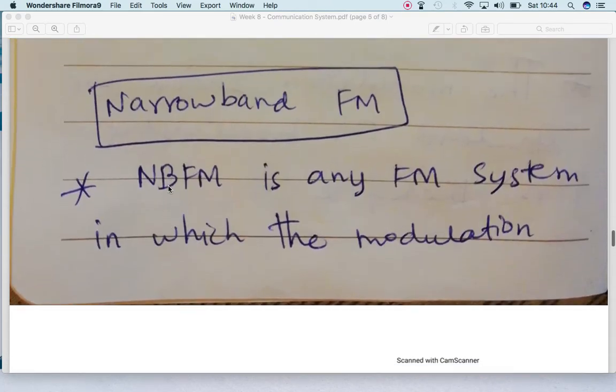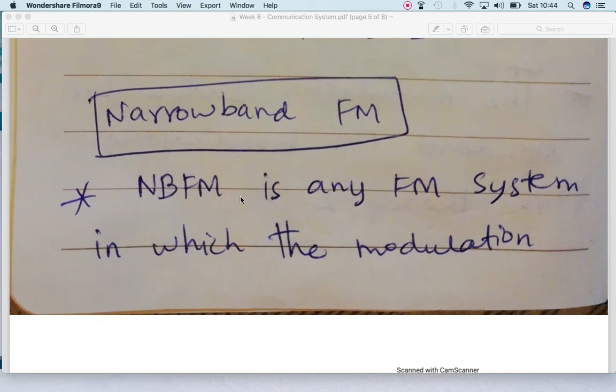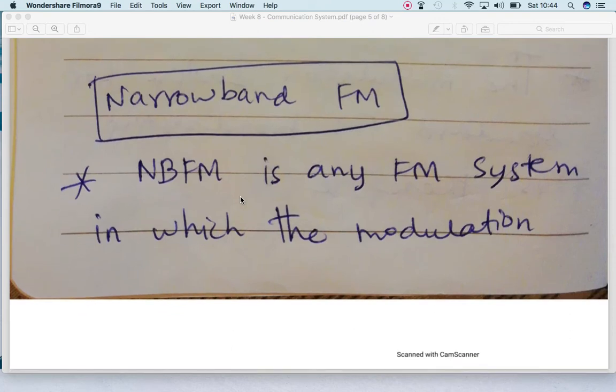So why do we use narrowband frequency modulation? As we know that in many cases in communication we have an electromagnetic spectrum that needs to be conserved, because if we have a bandwidth available to us of 10 kilohertz, we can either send two signals of 5 kilohertz bandwidth, or we can send 10 signals of 1 kilohertz bandwidth.